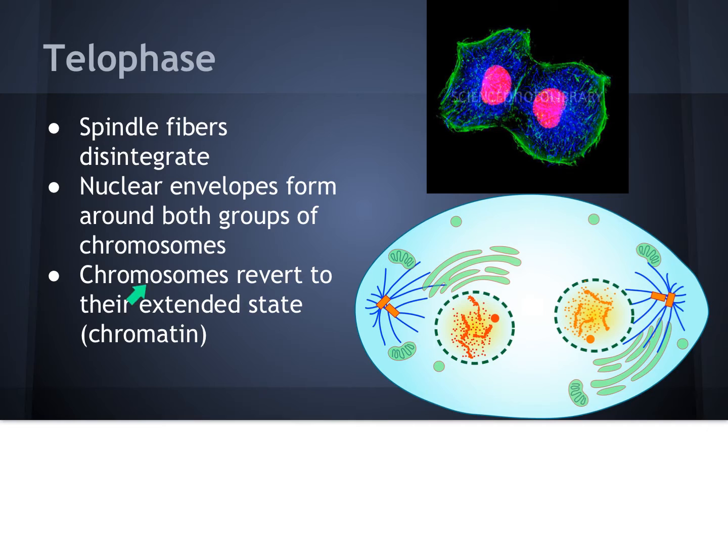And then those chromosomes or chromatids that separated, all of those are going to go back to their unraveled state. If you want to see, this is another one of that same picture from earlier, dyed, and you can see that the cell is almost separated but not quite.